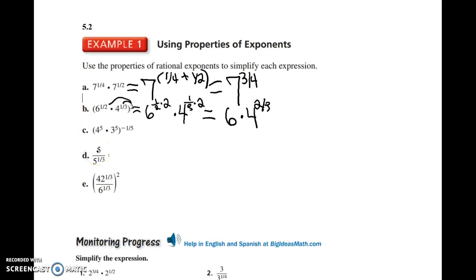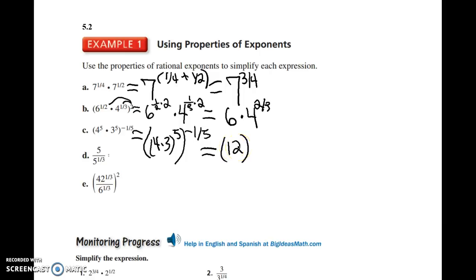And there's a few different ways we can solve part C. One way that your book is going to show us is if we have 4 to the 5th times 3 to the 5th, we can take these two numbers and make it 4 times 3 to the 5th. And then raise that to the negative 1/5. So from here, we can multiply the 4 and 3 to get 12.